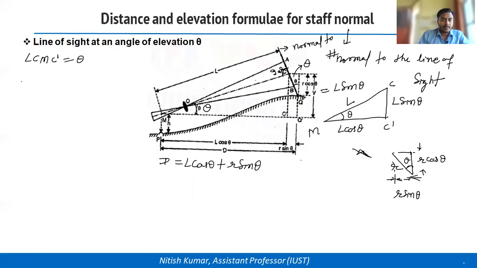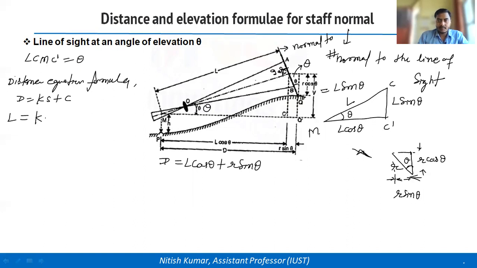We have the distance equation formula: D is equal to Ks plus C, right? Now, in this case, D is L, K is constant, S, so we can write S only, and that is C. So L we can write as Ks plus C.